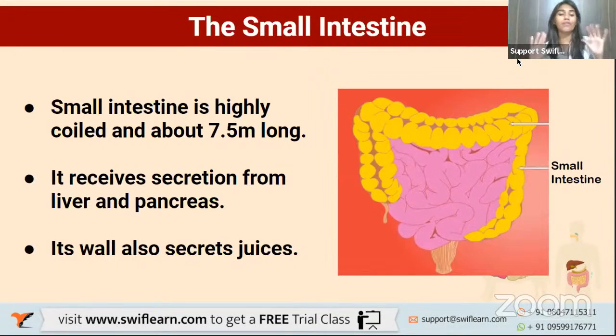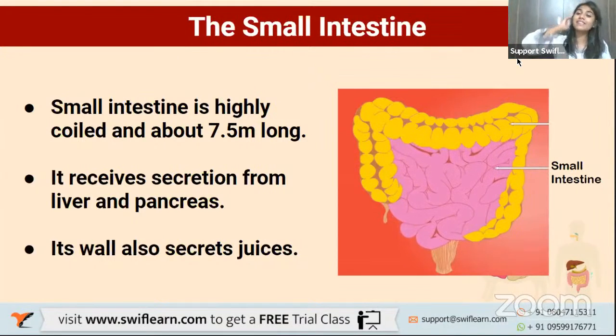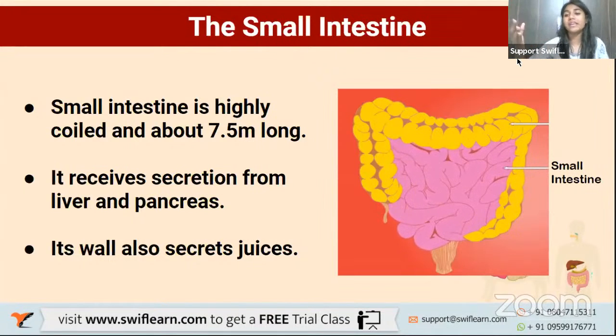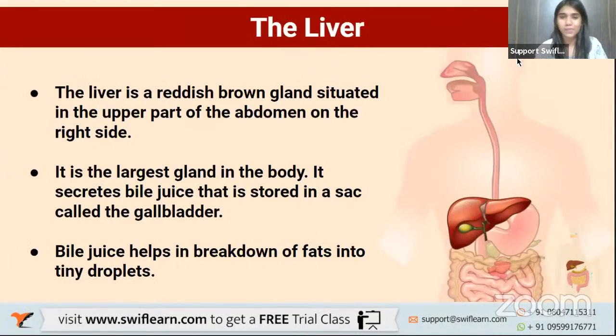Your liver will secrete bile juice that will break down fats into fatty acids and glycerol, and your pancreas will secrete proteases that break down proteins into amino acids. Okay, these are the functions of the small intestine.